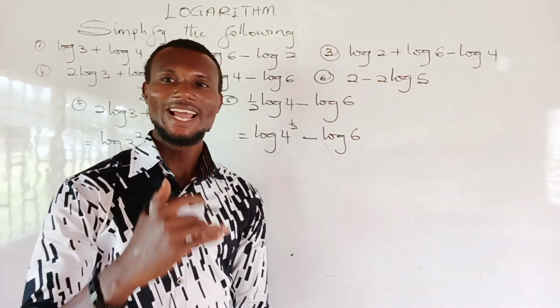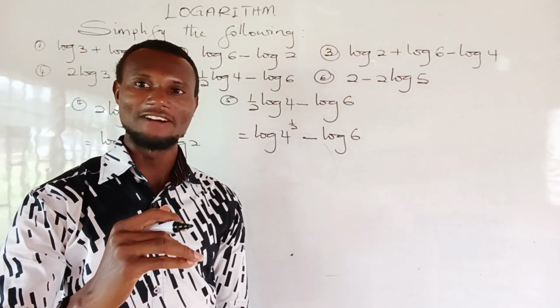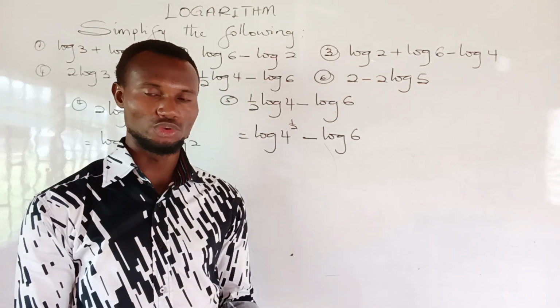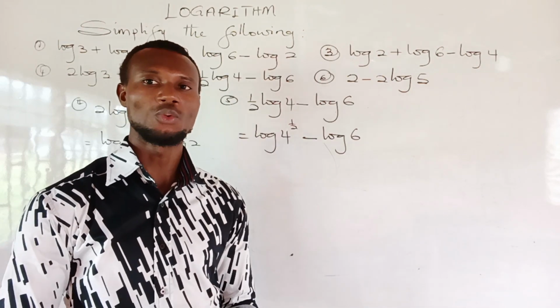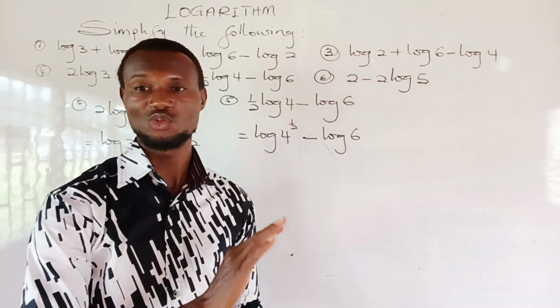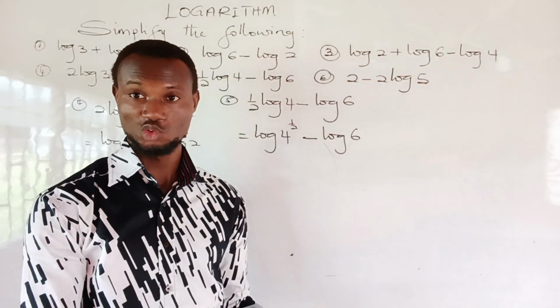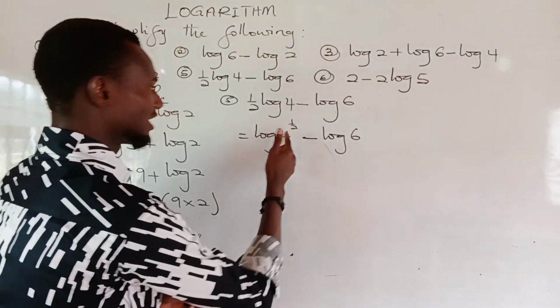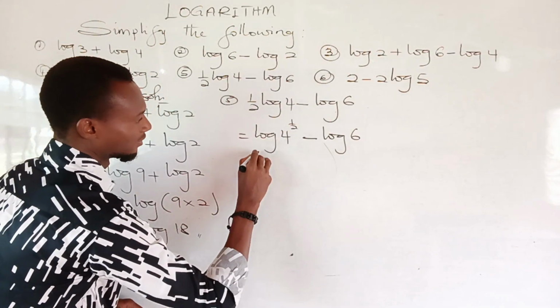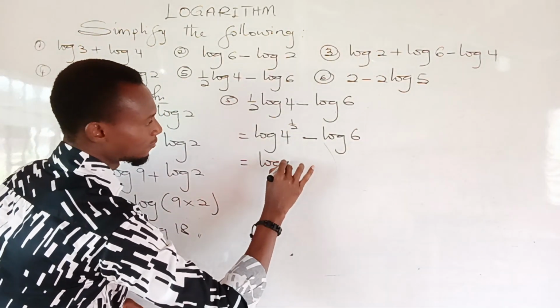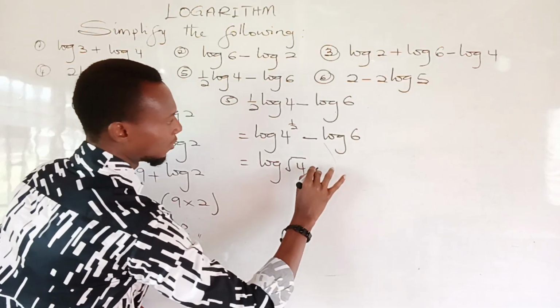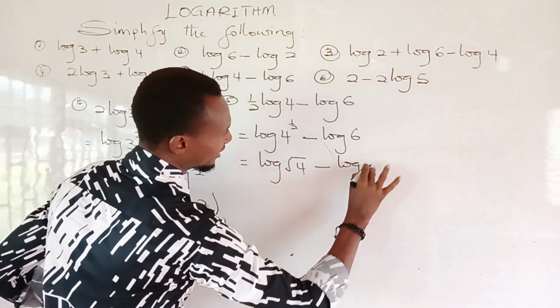Now, any number to the power half simply means square root of that number. When you have 5 to the power half, it means square root of 5. If you have 20 to the power half, it means square root of 20. So now I can rewrite this one as the log of square root of 4 minus log 6.